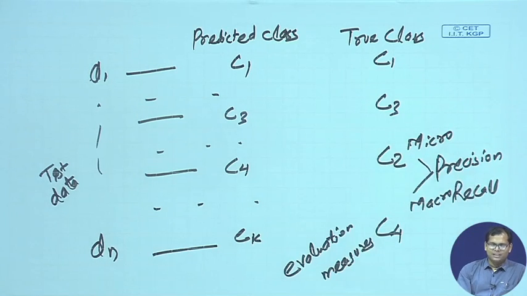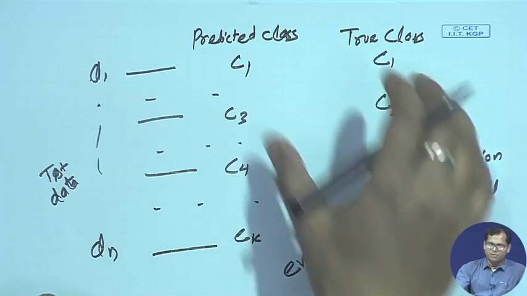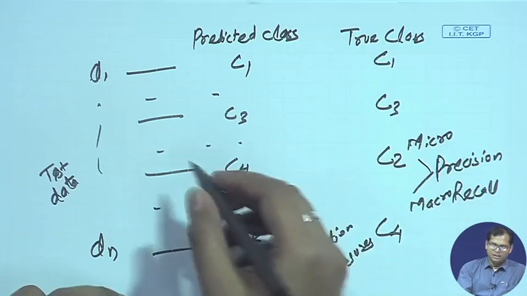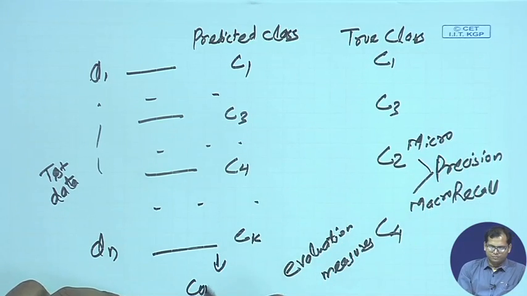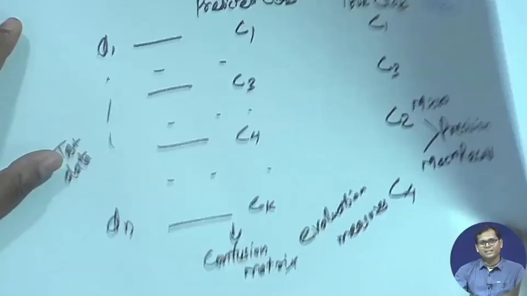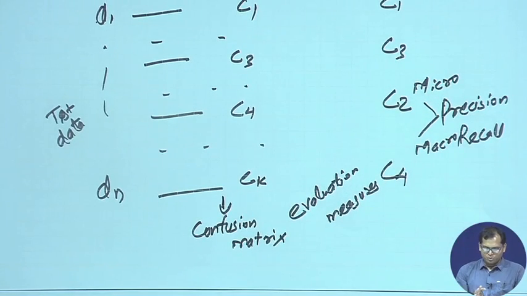For doing that, the first thing you need to do is convert this whole thing into a confusion matrix. So what is a confusion matrix? In a confusion matrix, for each class, you have how many labels were there in the true class, and how many you could predict.